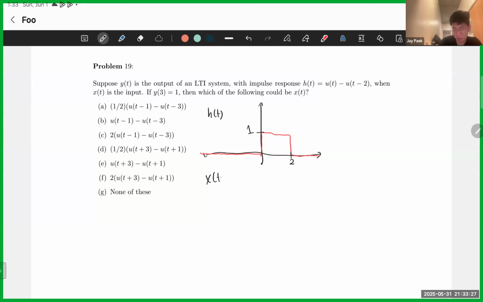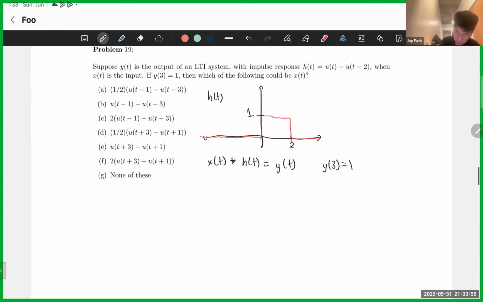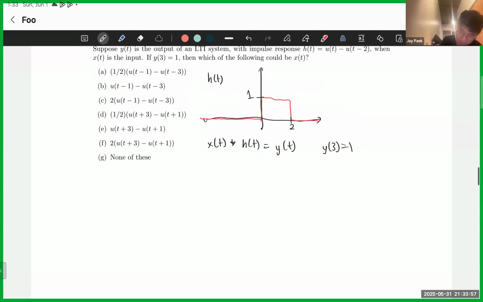We understand that in the time domain, we have this kind of input-output relationship, where I convolve x of t with h of t, and I get y of t. And I also have information about y of 3. Let's actually think about this. I want to make this as easy as possible for me.